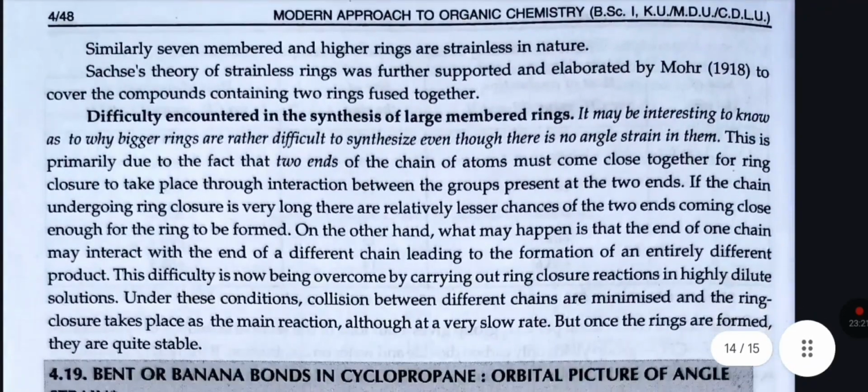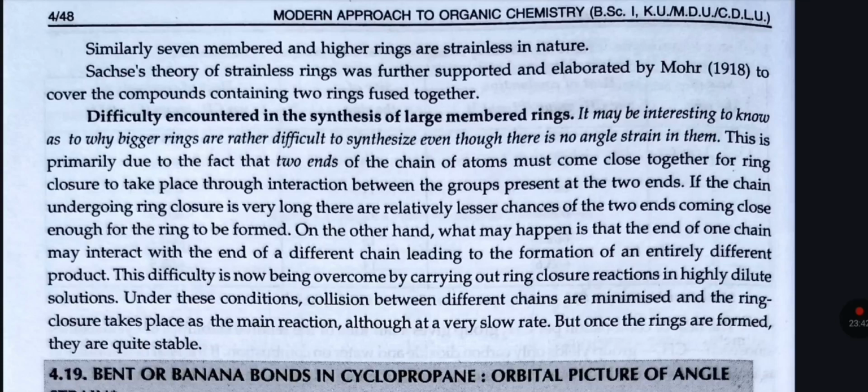Similarly, seven-membered and higher rings are strainless in nature. Sachs' theory of strainless rings was further supported and elaborated by Mohr in 1918 to cover compounds containing two rings fused together.